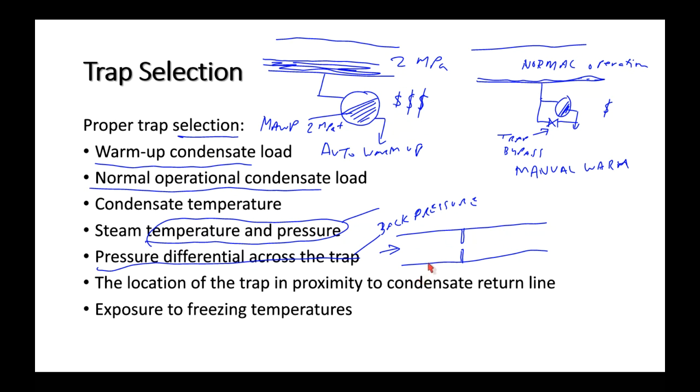Okay, so this would be a very, very early attempt at trying to conserve some of the energy in steam. And then all we did was we added some sort of an operating mechanism that was thermostatic or mechanical or thermodynamic operating mechanism to open and shut or modulate the flow through the orifice.